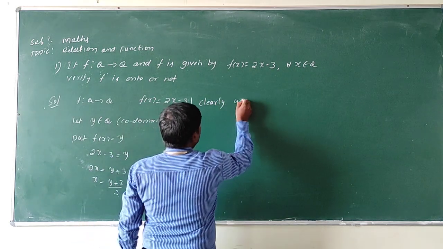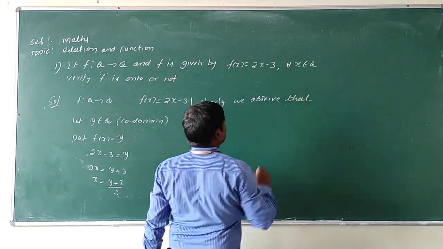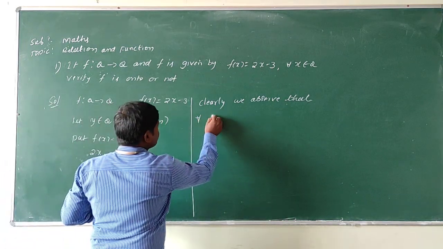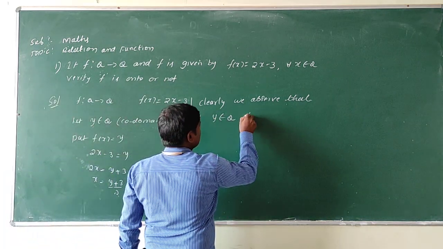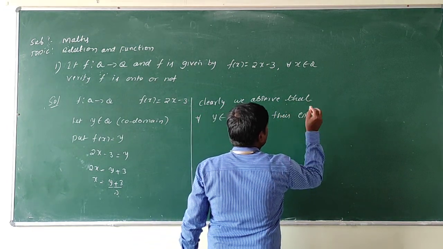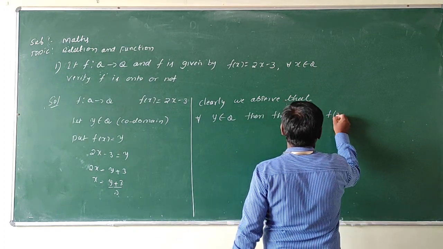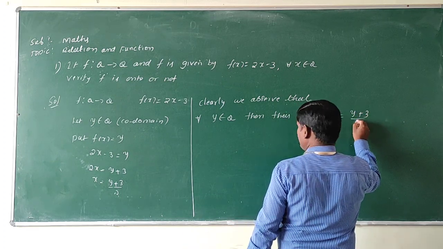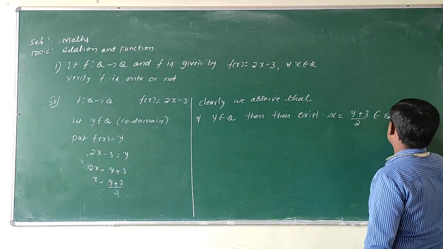So clearly we observe that for all y belongs to Q, there exists x, that means x is equal to y plus 3 divided by 2 belongs to Q. Q is the domain.